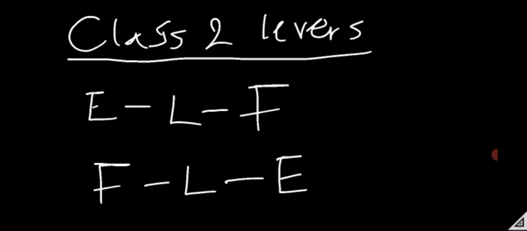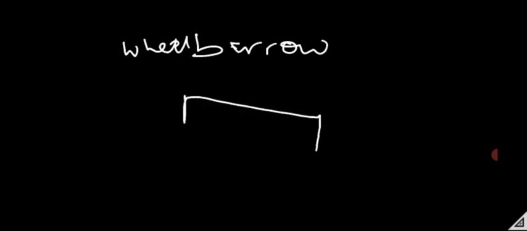Examples of class 2 levers include your wheelbarrow. This is how your wheelbarrow looks, right? This is the effort. Now this is the tire. If you put a load here, this place will be the load. Then this is where you carry your wheelbarrow.